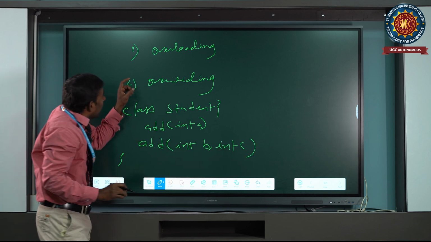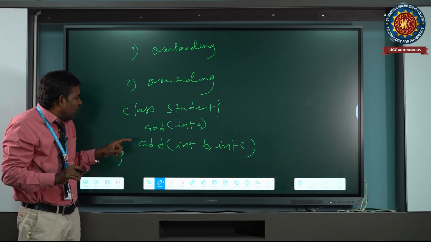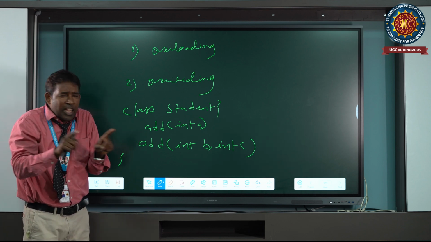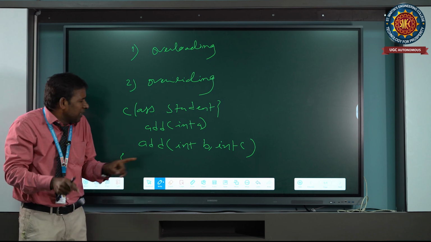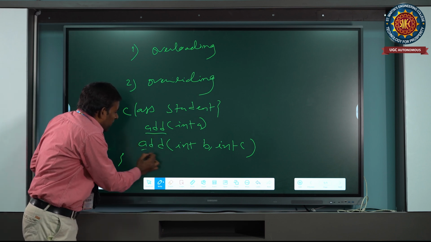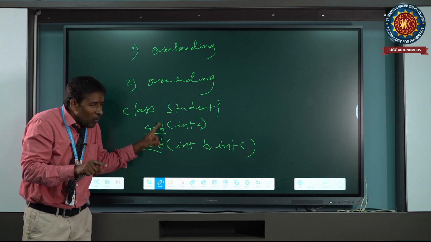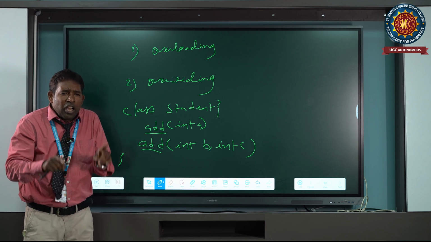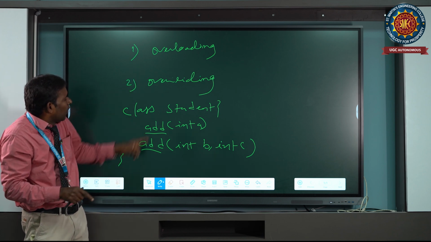What is meant by overloading? In a class, you take two methods. One is the add method that takes only one parameter. Next, again the same method that takes two parameters. The method name is the same, but we are passing different types of parameters. This is called overloading, or compile time polymorphism.